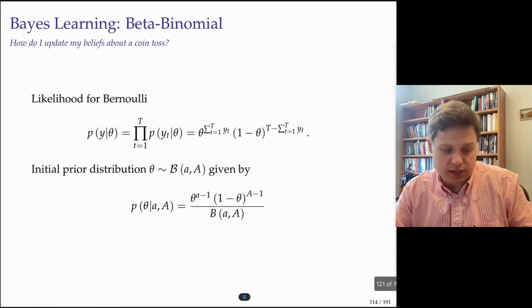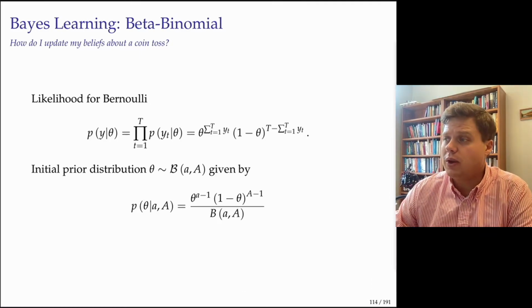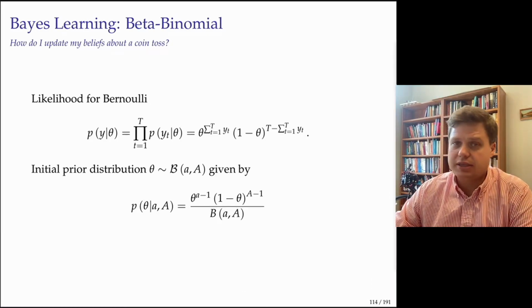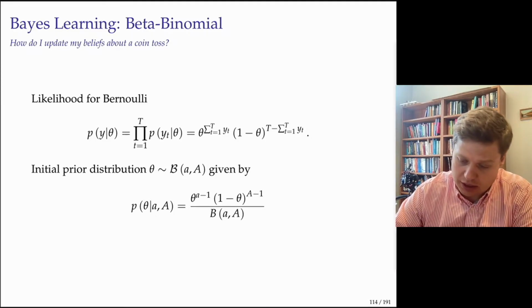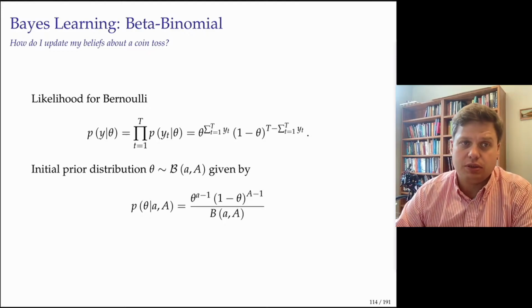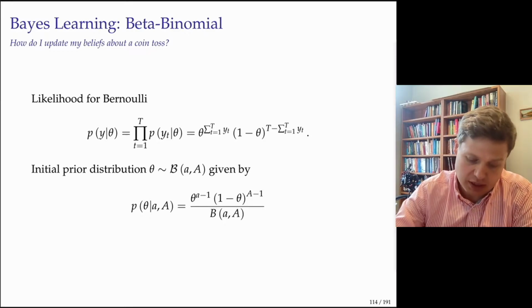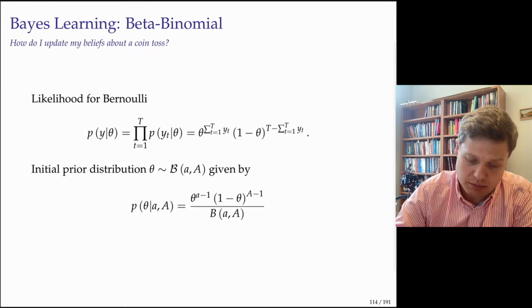Okay, so let's look at the beta binomial example. One thing to keep in mind is how to find a conjugate prior. You always start with the likelihood. You always start with an assumption about the distribution of your data, and let's say you assume that your data follows a binomial distribution.